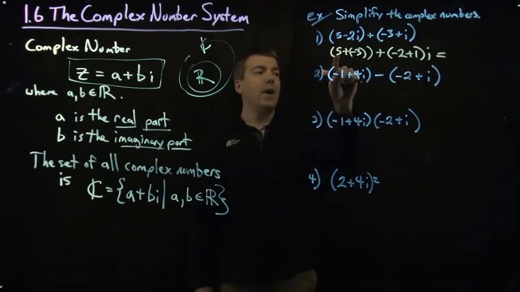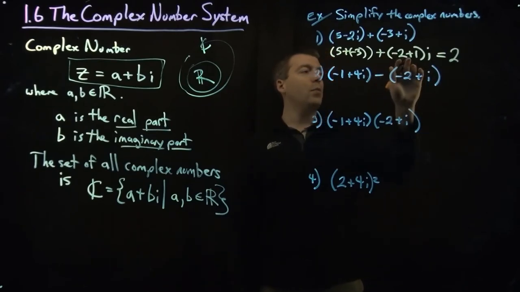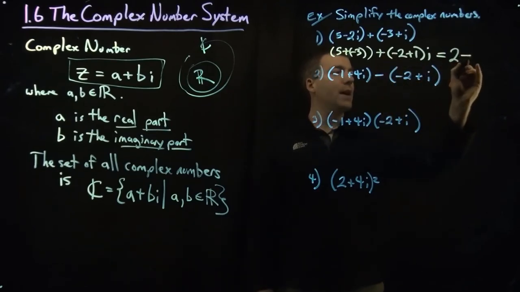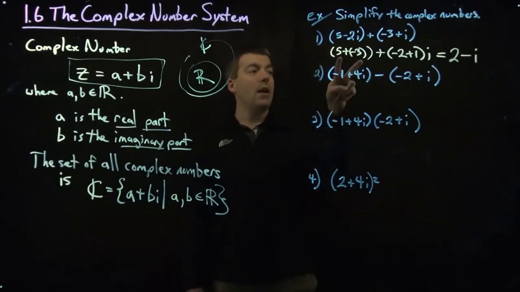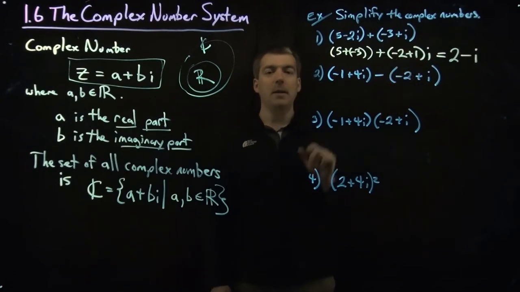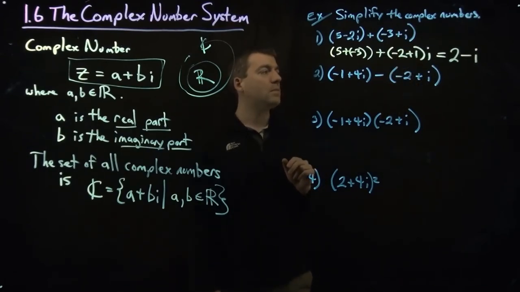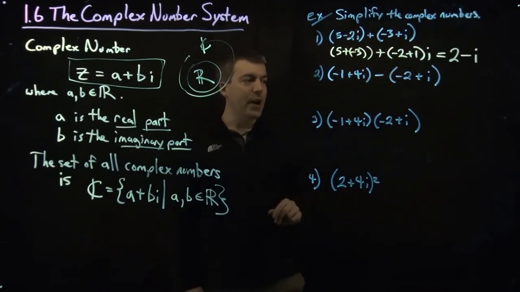All right, 5 plus -3 is 2, so we have 2, and then we have -2 plus 1, which is -1, so 2 minus i. So again, add the real parts, add the imaginary parts times i. Okay, that's addition.